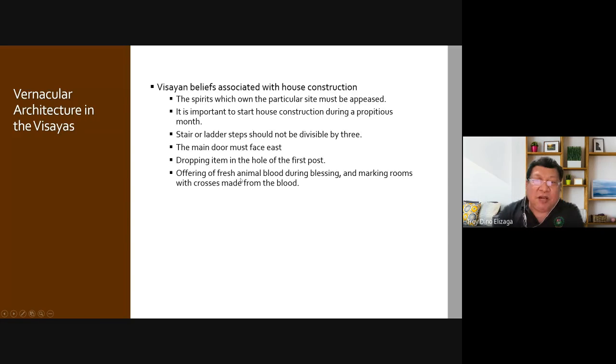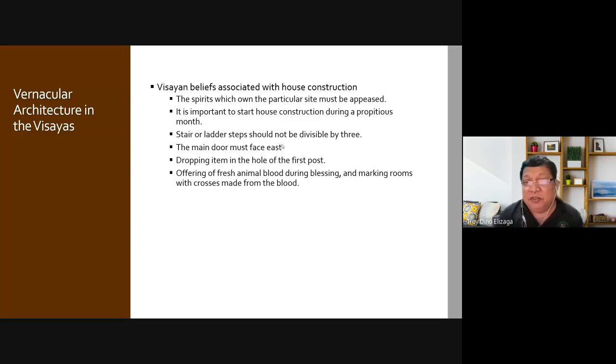Offering of fresh animal blood during blessing and marking rooms with crosses made from the blood. I have never encountered marking rooms with crosses made from the blood, but I have witnessed a lot of killing of animals just to use the blood for offering, and it's part of number one, which is to appease the spirit probably staying in that site.